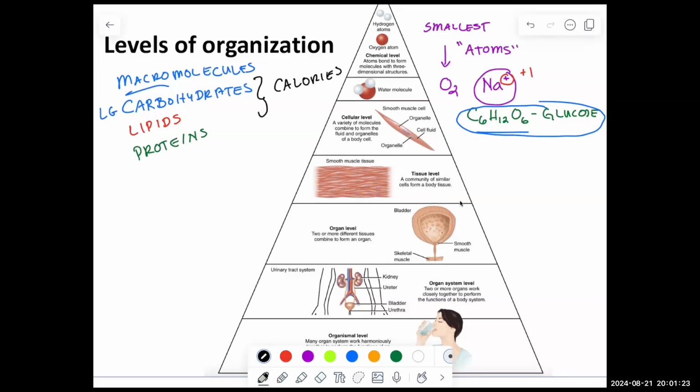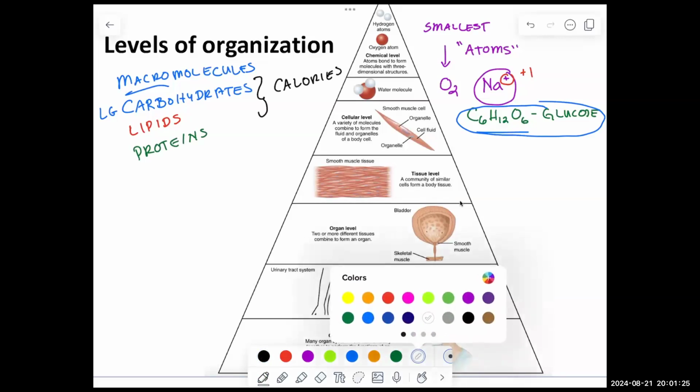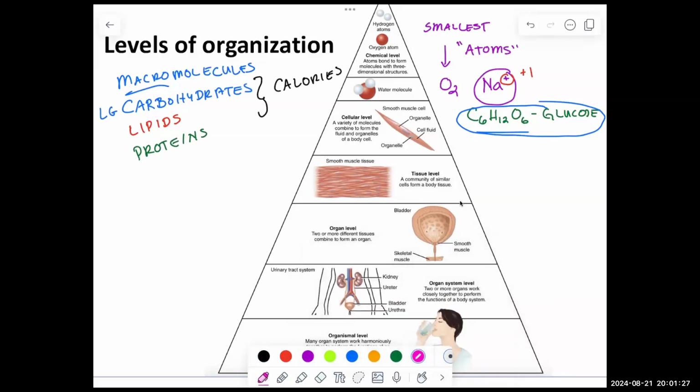There's another macromolecule that we often forget about that is very important. And the fourth one is nucleic acids. Does anyone know why nucleic acids are important? What do we use nucleic acids for? Right?